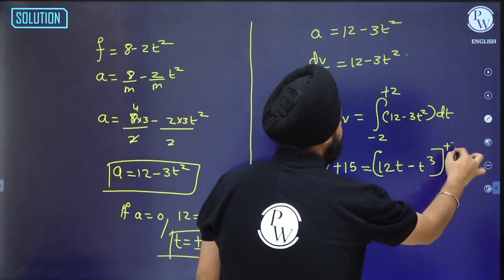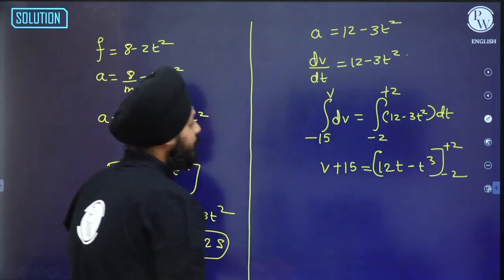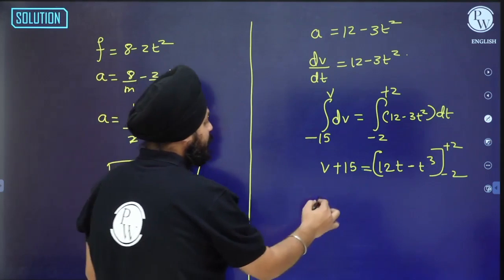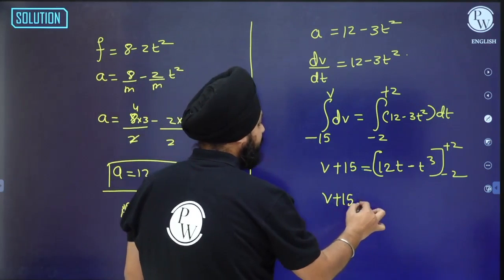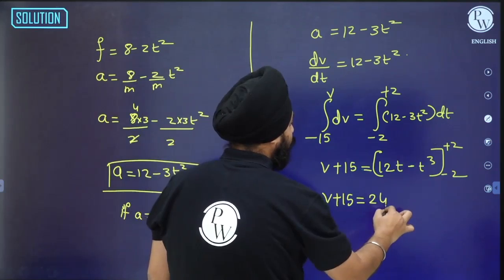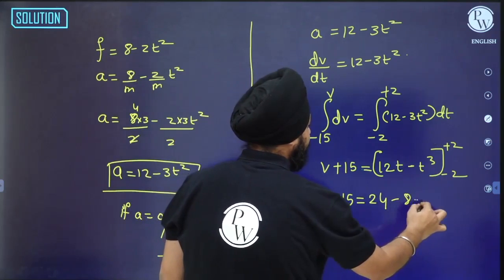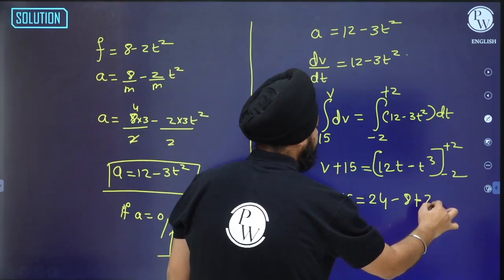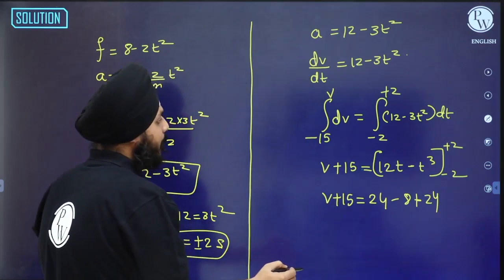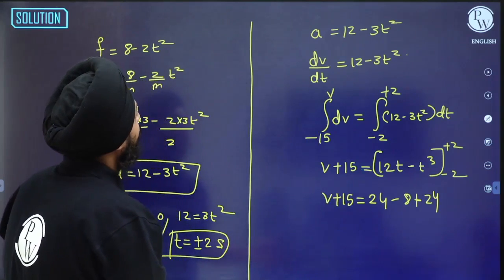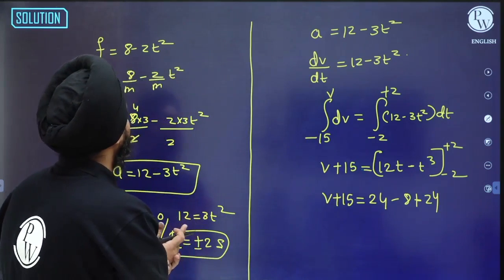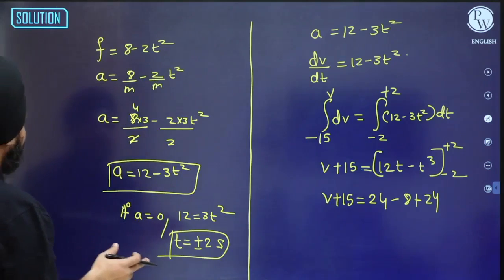And this will be from plus 2 to minus 2, right? So v plus 15 is equal to 24 minus 8 minus, plus 24. I think something is going wrong, right? Something, okay.